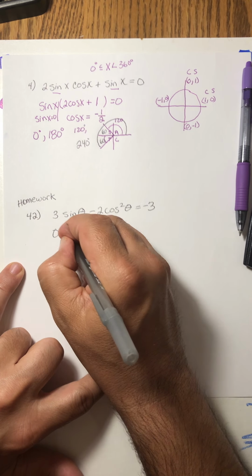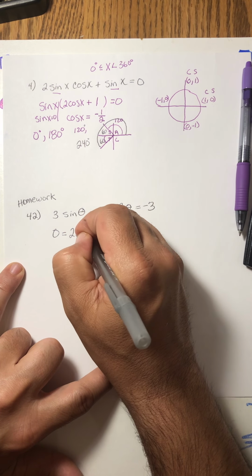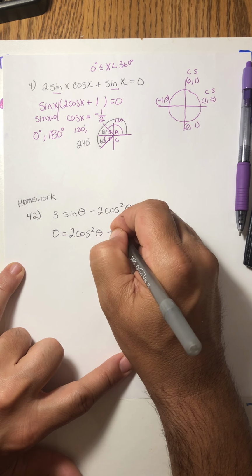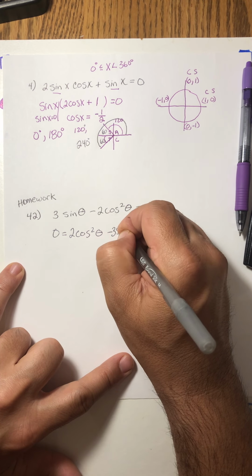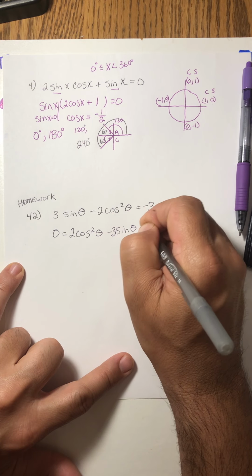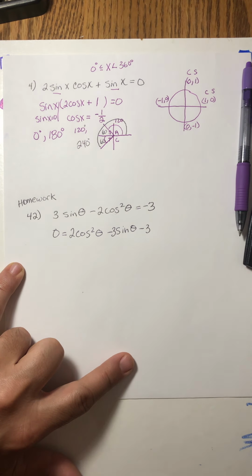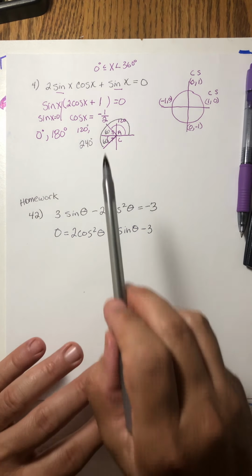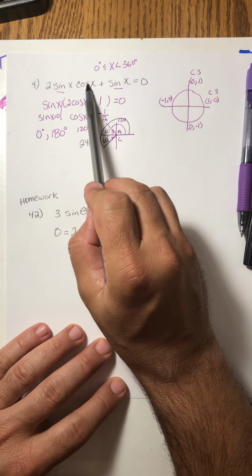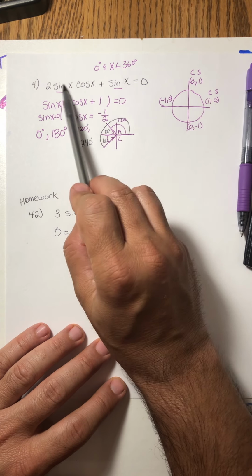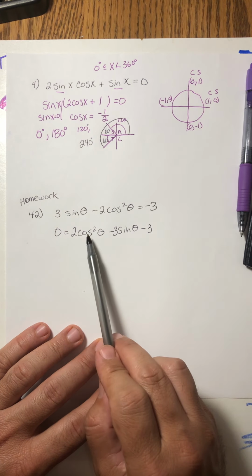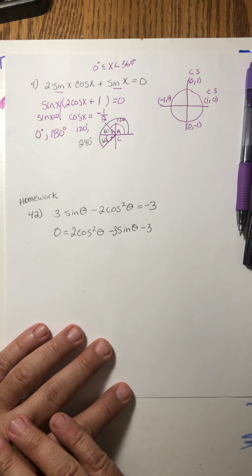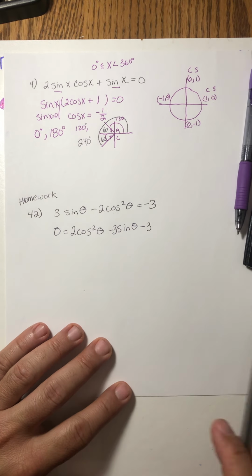So 0 equals 2 cosine squared of theta minus 3 sine of theta minus 3. Okay? As in question 4, you had a product of sine and cosine, and we were able to factor out the sine. I don't have a product here anywhere. So I'm stuck. No, you're not.